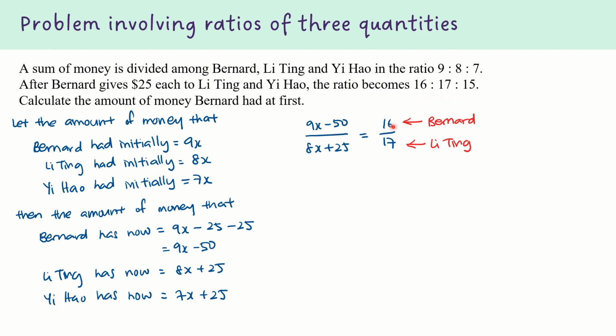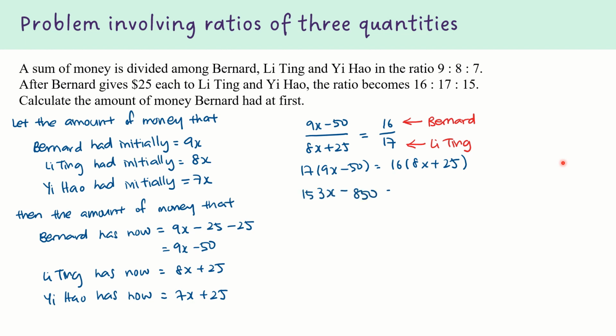So the numerator is all the quantities related to Bernard, and in the denominator, it is quantities associated with Li Ting. Then we know how to cross multiply this equation and achieve 17 times 9x minus 50 equals 16 times 8x plus 25.